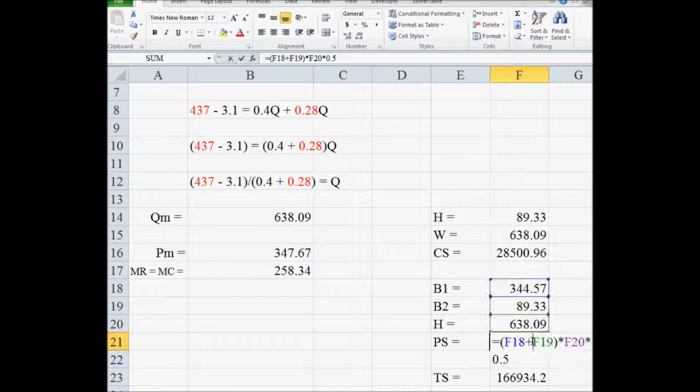The producer surplus is the average of the two bases. So to take an average, you add base 1 to base 2, and then you divide by 2 or multiply by 0.5. And then you multiply that by the height, which is the quantity the monopolist produces and sells. So the producer surplus is 138,433.